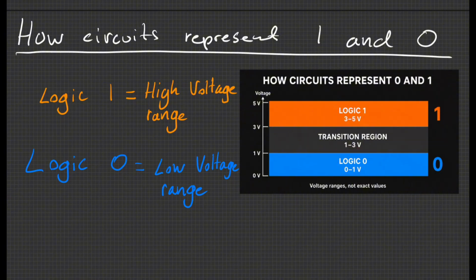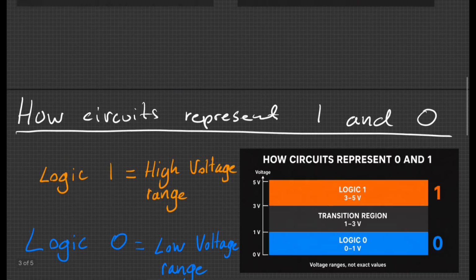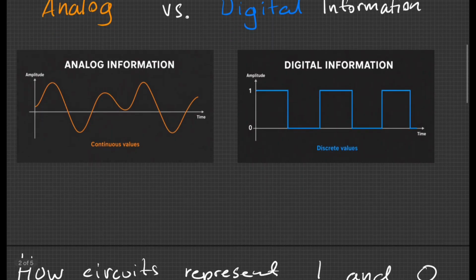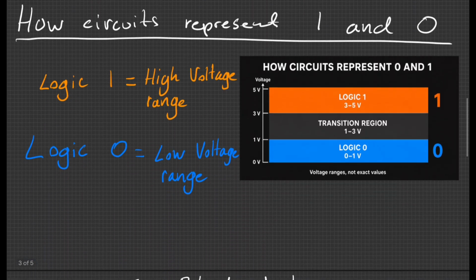The reason why computers choose to represent digital information as opposed to analog information is that it eliminates some of that voltage fog or noise. It doesn't include this transition region.